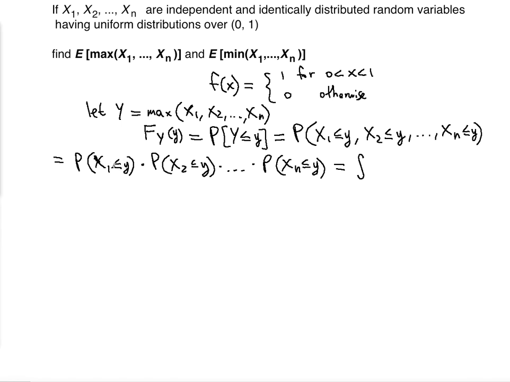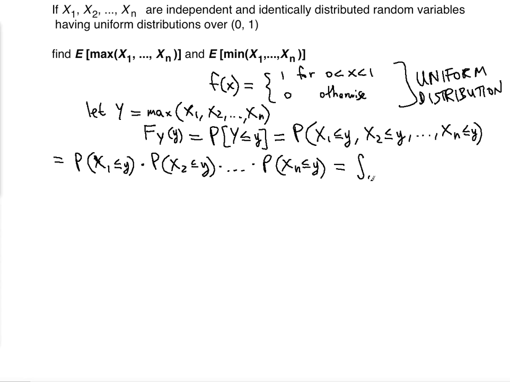Because each random variable has this uniform distribution, each of these probabilities requires integrating, but the upper limit is not 1, it's y.